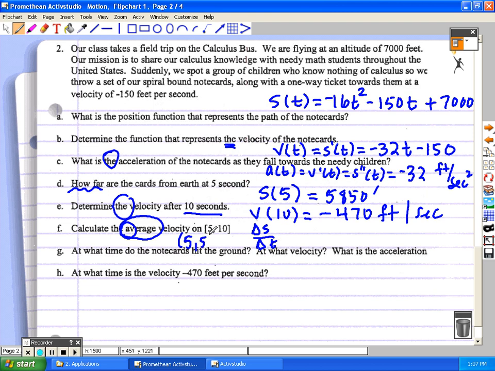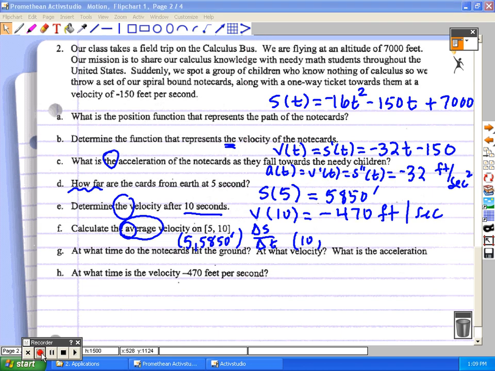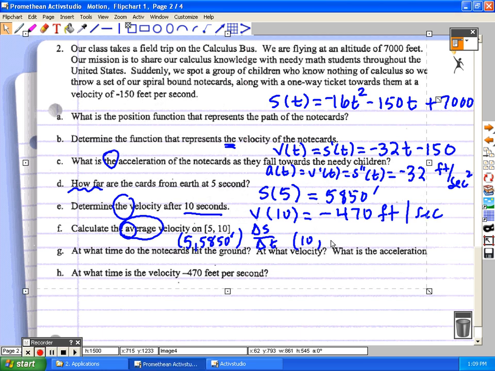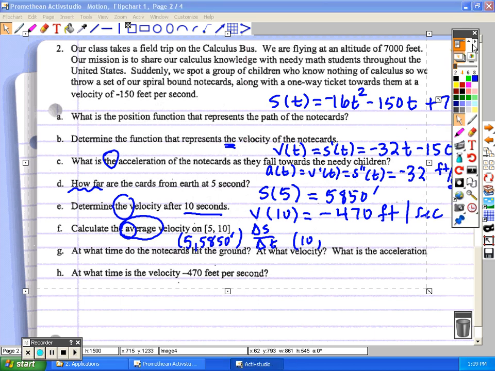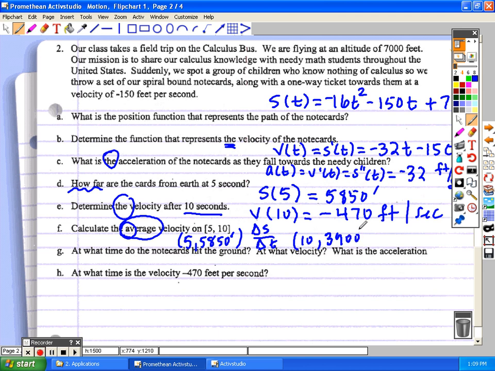And when I do, I will get a position of 5,850 feet, which we already did in part D. Didn't I do this somewhere? Yeah. And then the position at 10 seconds is, let's pause the thing. Okay, so at 10 seconds, the particle is at 3,900 feet.